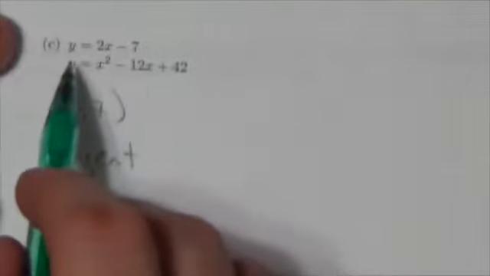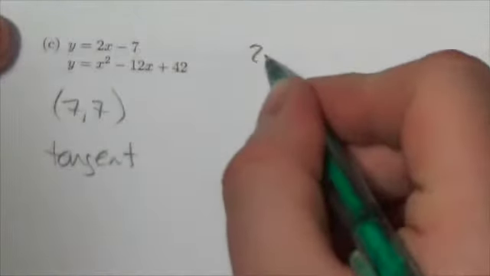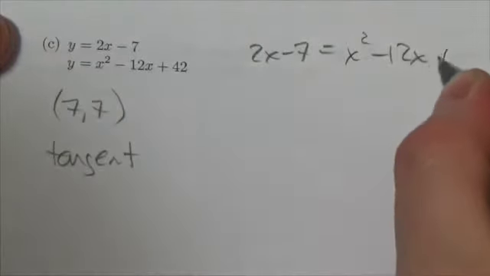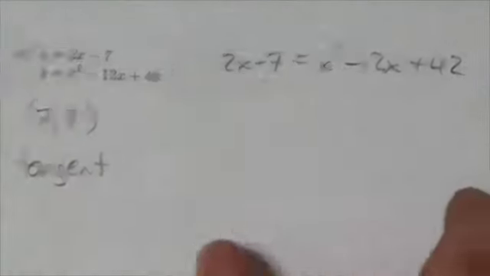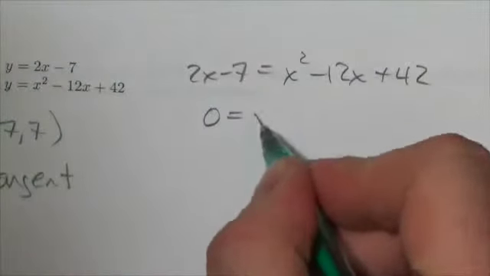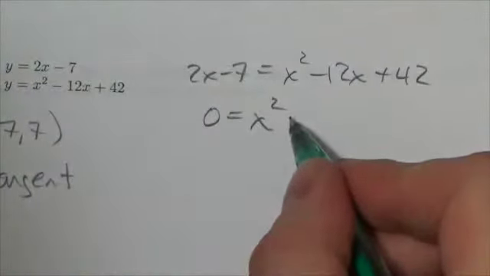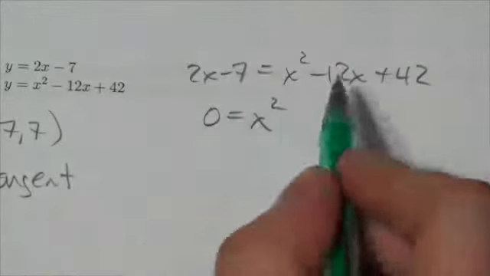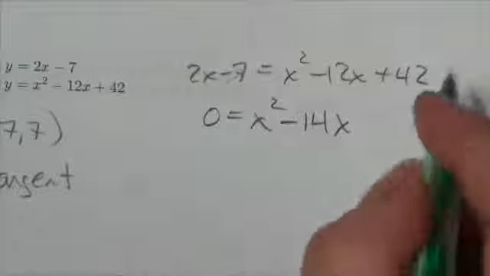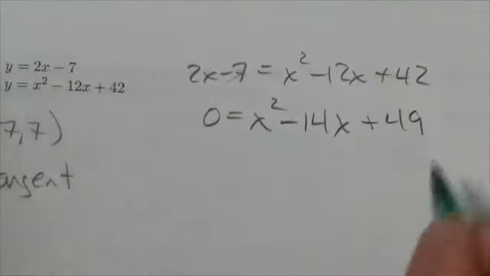Now, I'm going to do this algebraically. Both of these equations are set equal to y, so I'm going to set them equal to each other. It's a quadratic, so I'm going to move everything over to one side so it's equal to 0. I've got 2x over here, I'm going to bring that over, so it'll be minus 14x. I've got negative 7 over here; when I bring that over, I get plus 49.